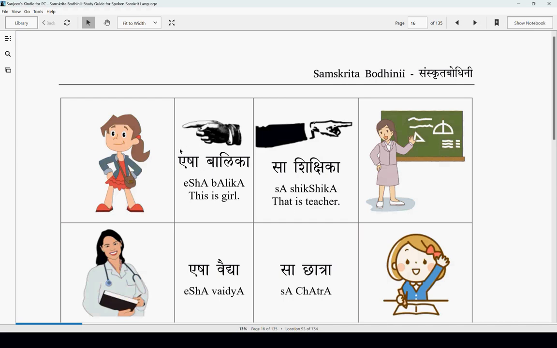But those qualifiers, this and that, have changed here, because of the words they are qualifying. Esha is qualifying the word balika because that is referring to the word balika, right? This girl or that teacher, because that qualifier word, or we can call it an adjective, right?